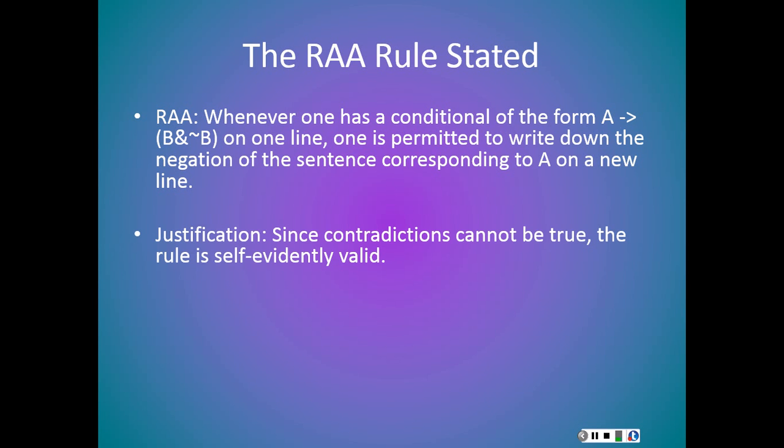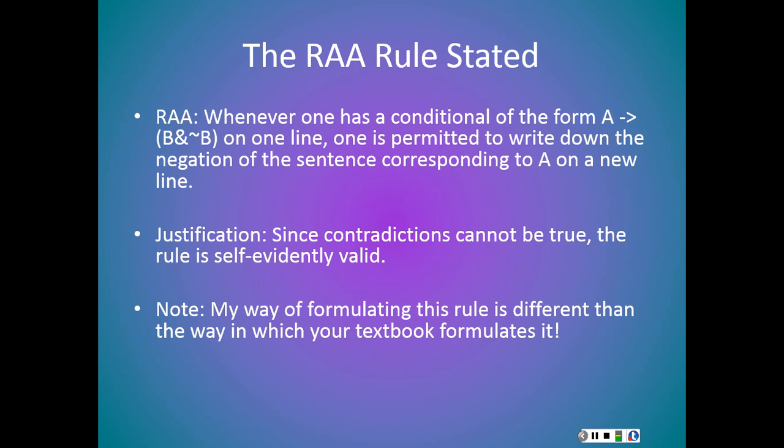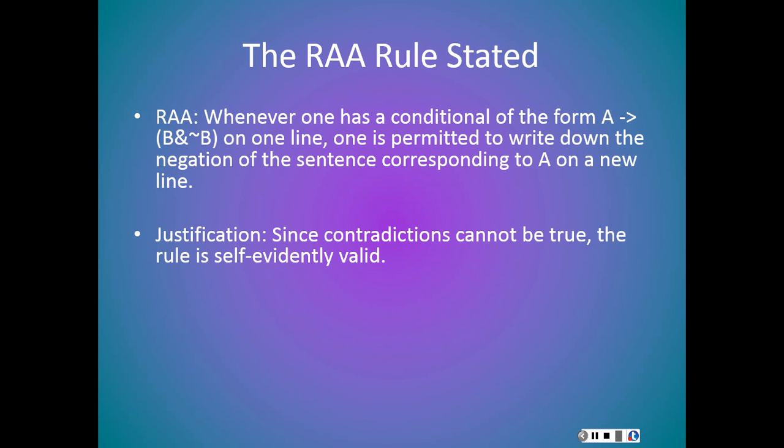Alright, so what's the justification for this rule? Well, the justification is just this. Since contradictions cannot be true, the rule is self-evidently valid. If you can show that something implies a contradiction, you are entitled to conclude that it is not true.